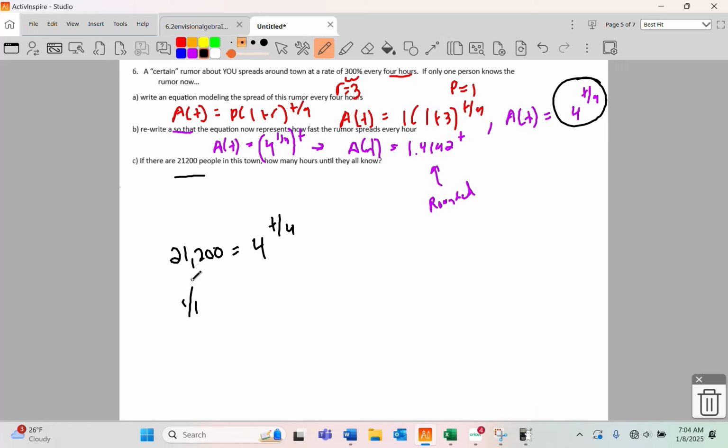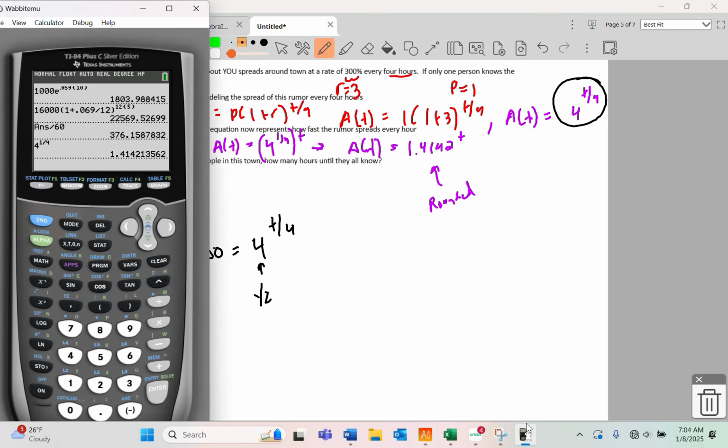And we're going to y1 this side, and we're going to y2 that side.